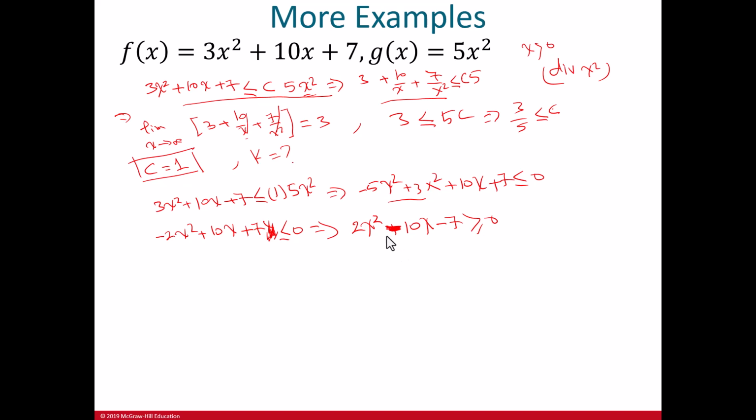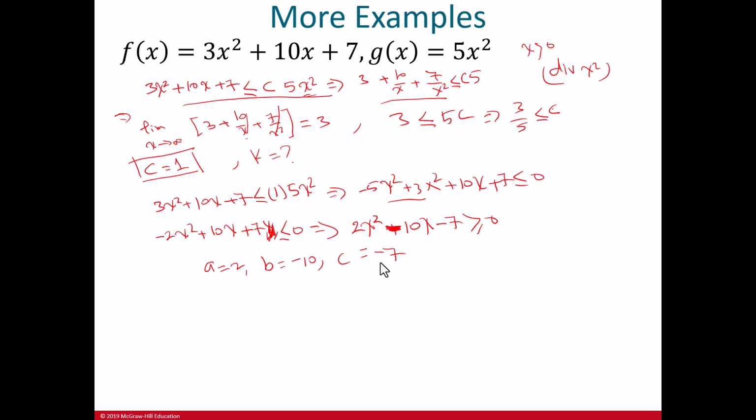So this is a second degree equation, that means a quadratic, and I can use the quadratic formula to solve it. When I plug in the values, A will be 2, B will be negative 10, and C will equal negative 7.